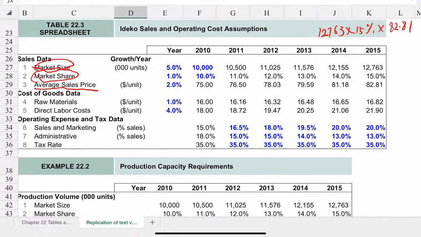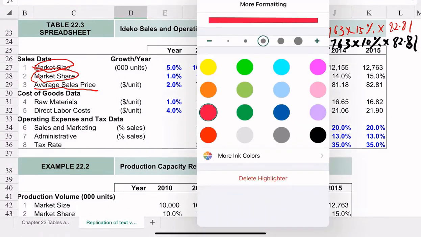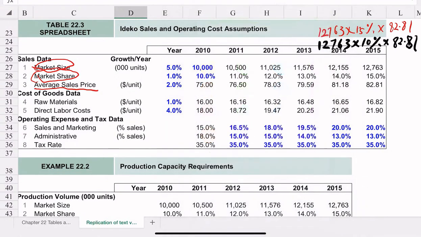82.81. And now under this alternative assumption, if there is no growth in market share, then the new calculation would be 12763 times 10% times 82.81, right? So basically you can see that the difference between these two numbers is just 15% and 10%.